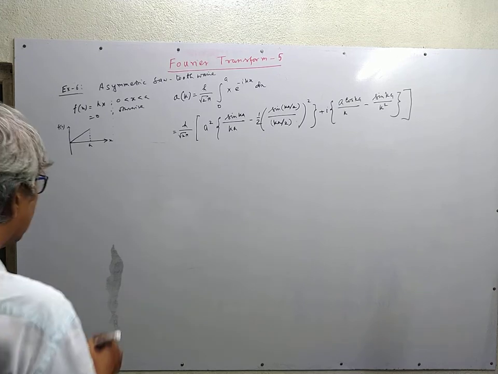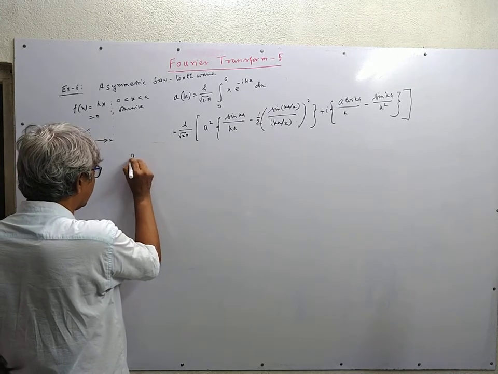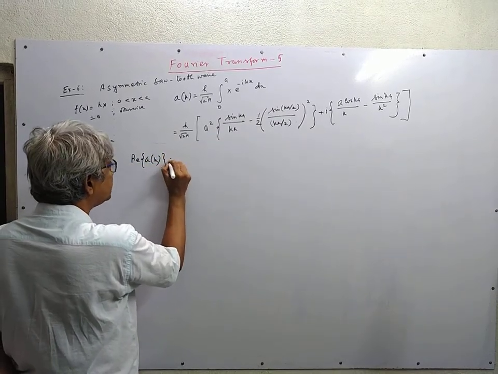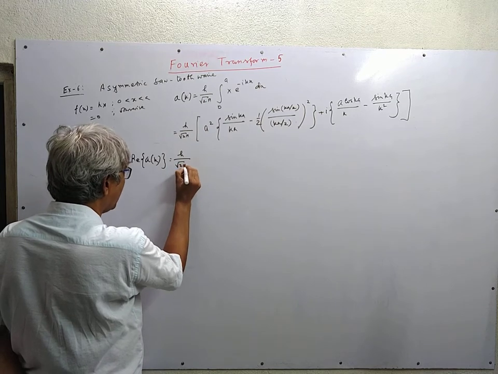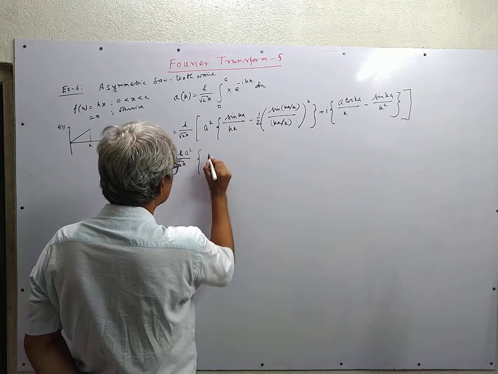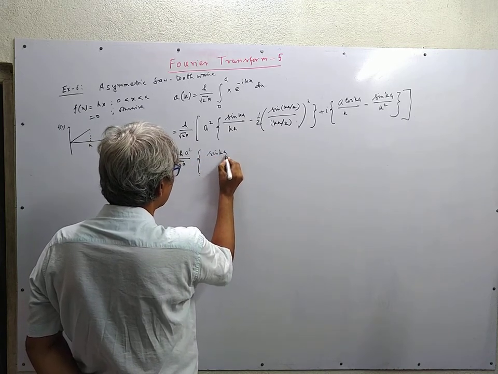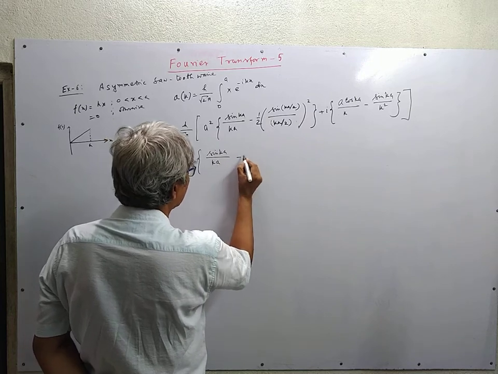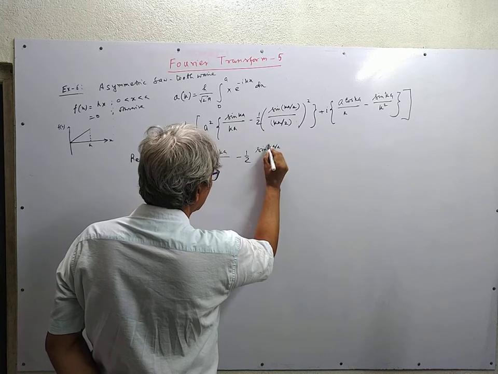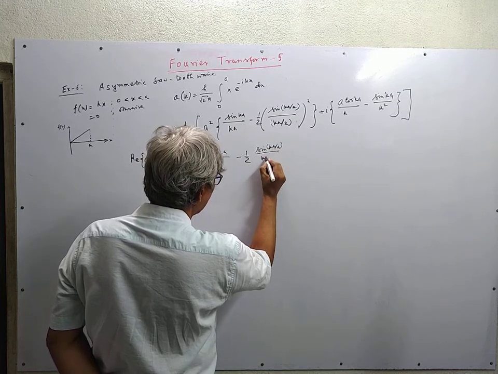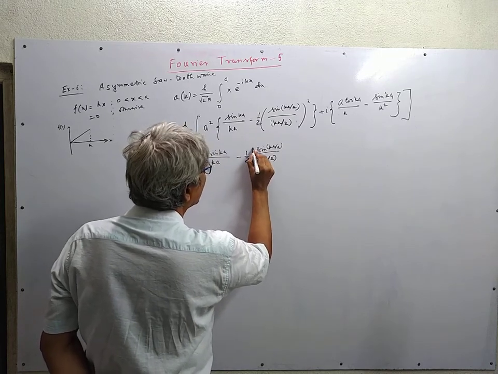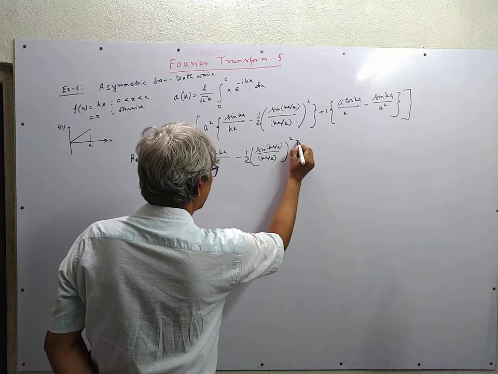So if we consider the real part of a of k, this is h upon root 2 pi, whole square.